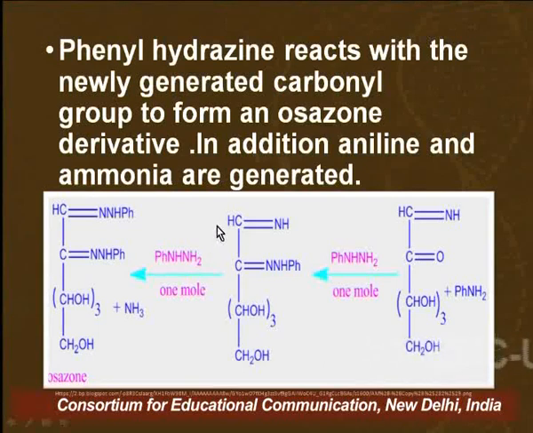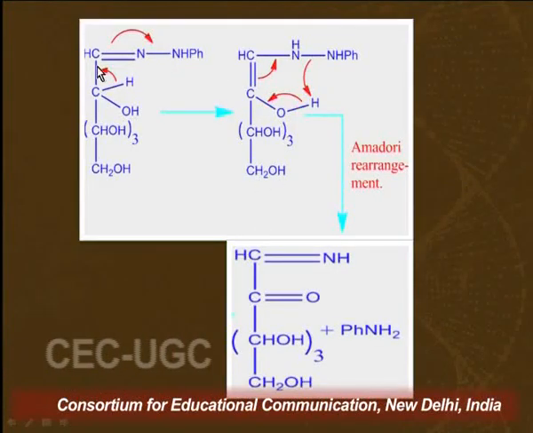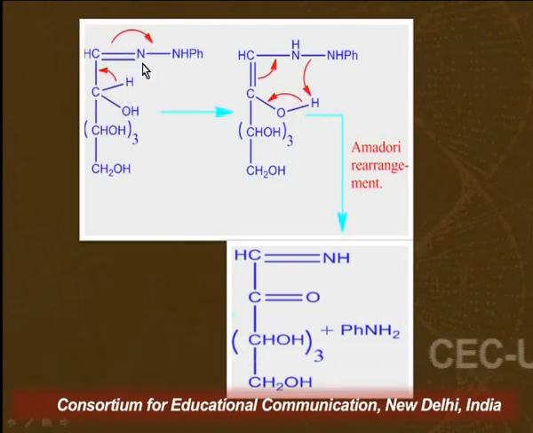So what we have to remember when discussing this reaction: in the first step, the aldehyde group of glucose reacts with phenyl hydrazine to give us hydrazone. Then in the second step, the hydrazone intermediate undergoes tautomerism, resulting in the formation of a carbonyl group, and then tautomerism as well as Amadori rearrangement, resulting in the formation of a ketonic group.